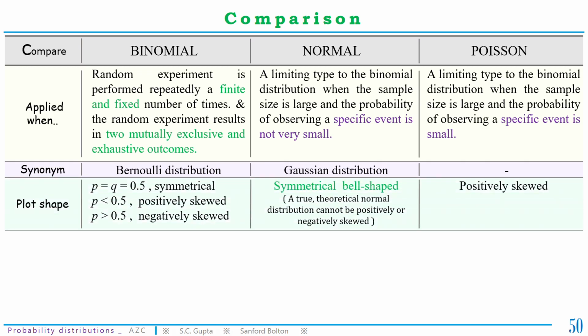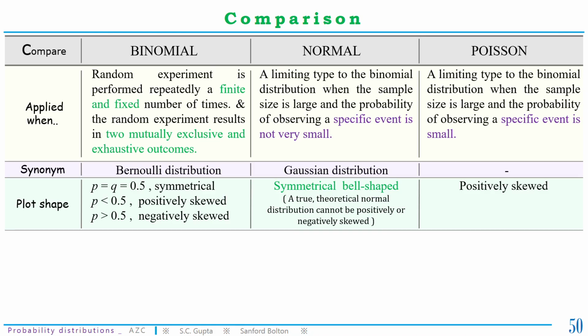When probability P is 0.5, the binomial distribution has a symmetrical shape plot. If P is less than 0.5, then it is positively skewed, and if P is greater than 0.5, then it is negatively skewed. Normal distribution is generally symmetrical and bell-shaped.